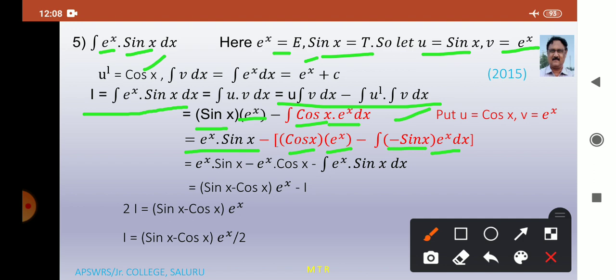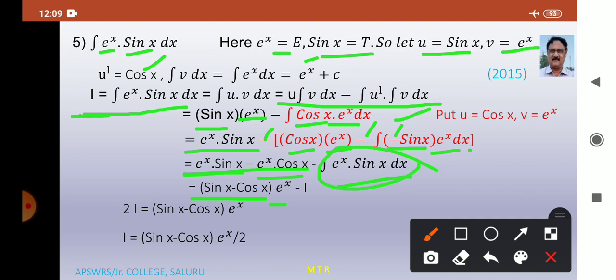You write e power x and sin x as it is, multiplying this, minus e power x into cos x. Here there are 3 minuses, minus into minus into minus, so minus integral e power x into sin x dx. From these two functions, take e power x as common: sin x minus cos x into e power x. Here observe this integral e power x into sin x dx.